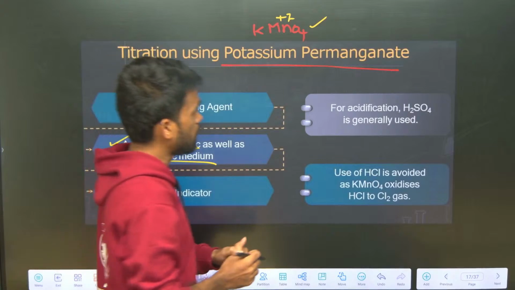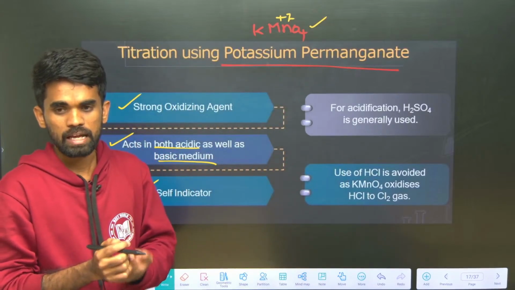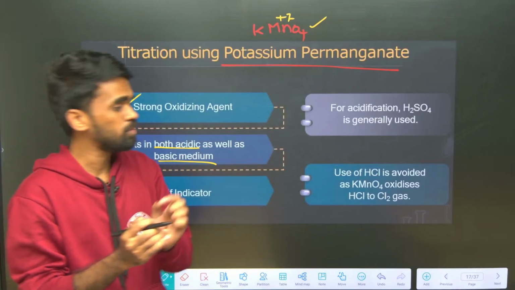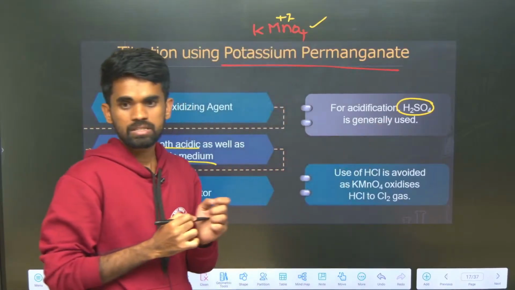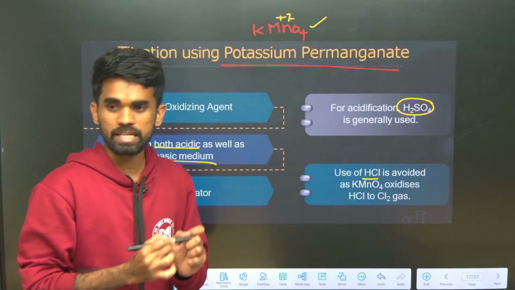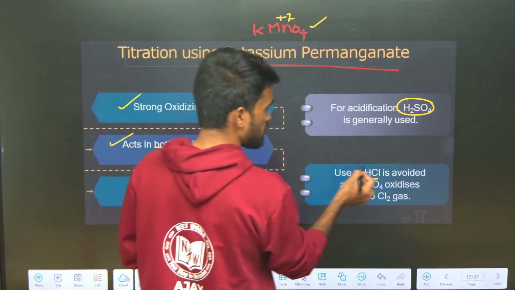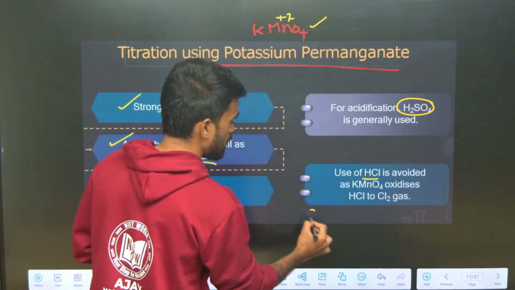Okay, right. And when we are doing the titration in acidic medium, we should preferably use sulfuric acid. We should not use HCl. Why should we not use HCl? Because the use of HCl is avoided as KMnO4 oxidizes the Cl minus from HCl.